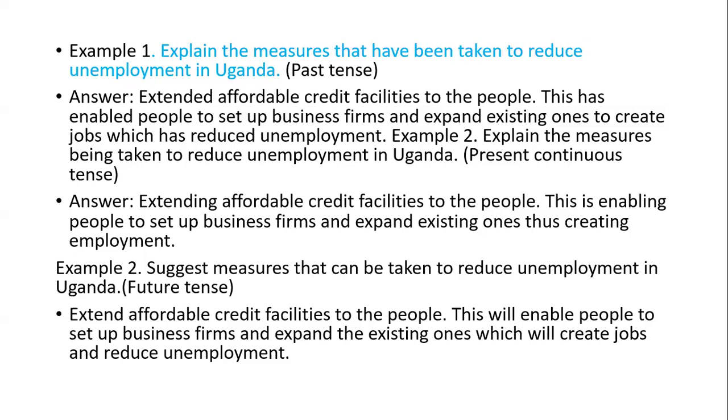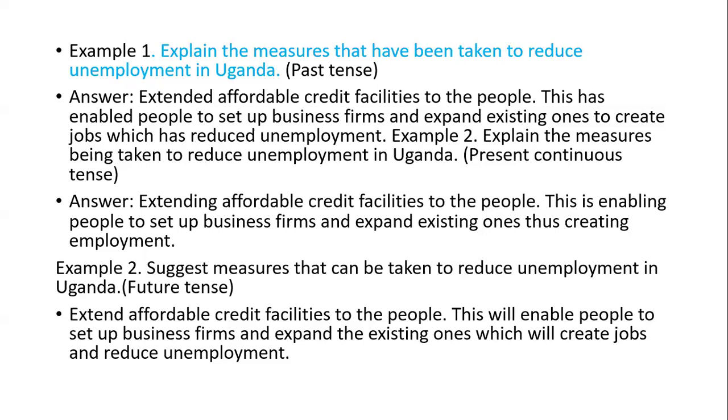And under singular, we shall say extended, affordable capital to the people. It is the other word that would have started with where students come and say, government has extended. Don't waste time. Just say extended. That is, if you're answering question of have been.